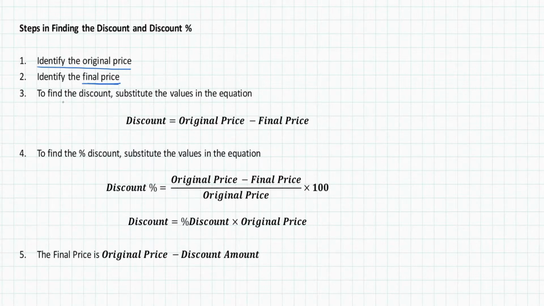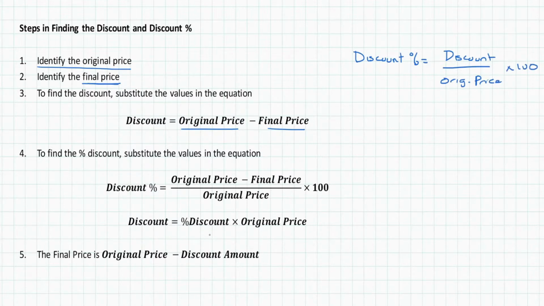So let's look at step 3 here. To find the discount, we substitute the values here. So the discount is your original price minus your final price. What about the percent discount? We've seen this formula before. Discount percent is going to be your discount divided by your original price multiplied by 100.